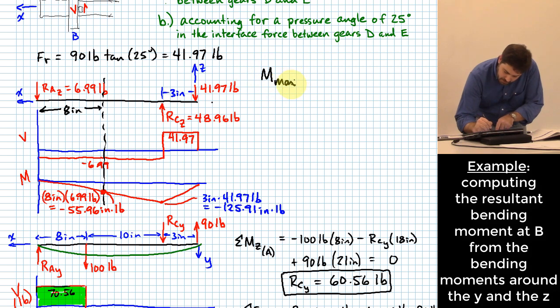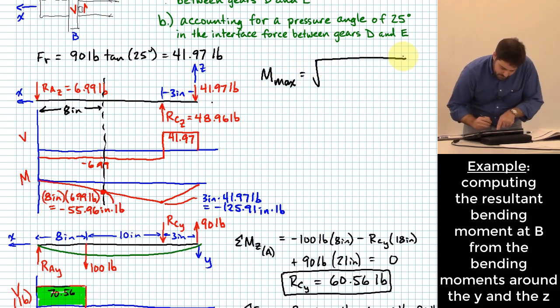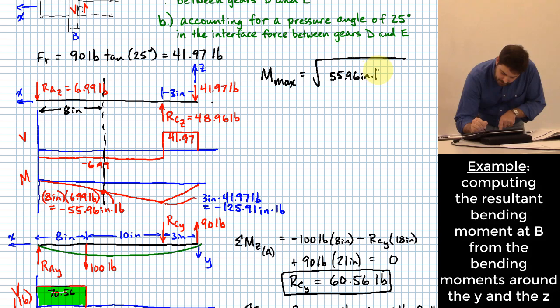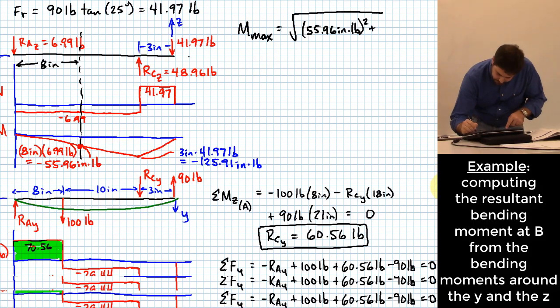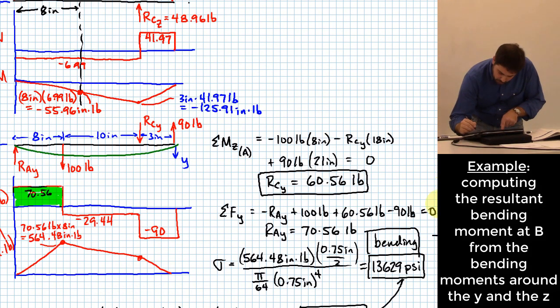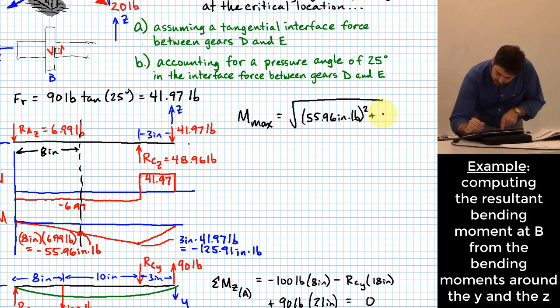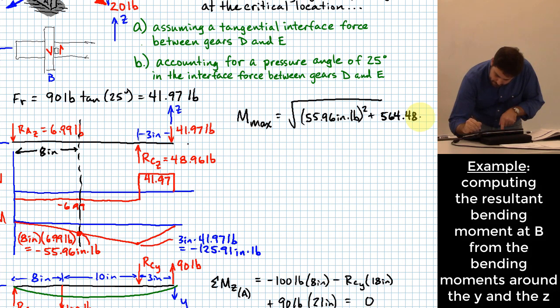My max overall bending moment could be the square root of 55.96 inch-pounds squared plus 564.48 inch-pounds squared.